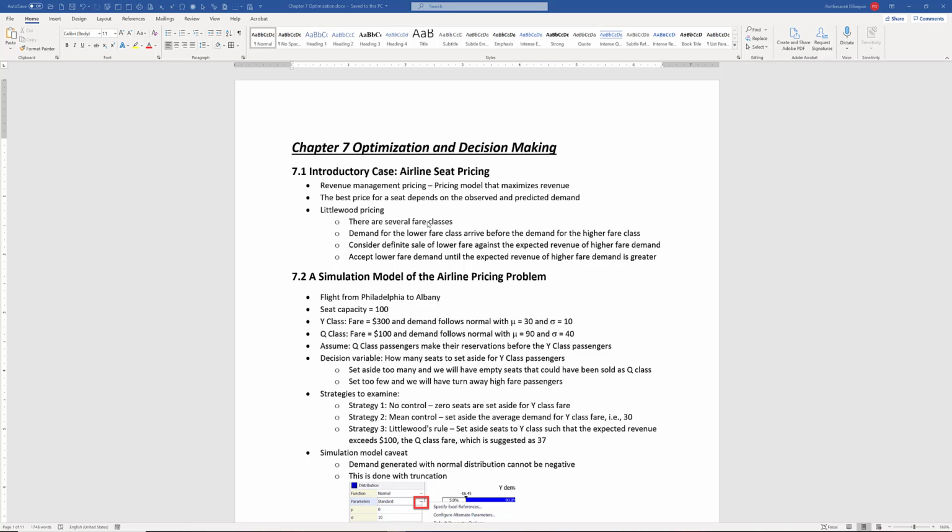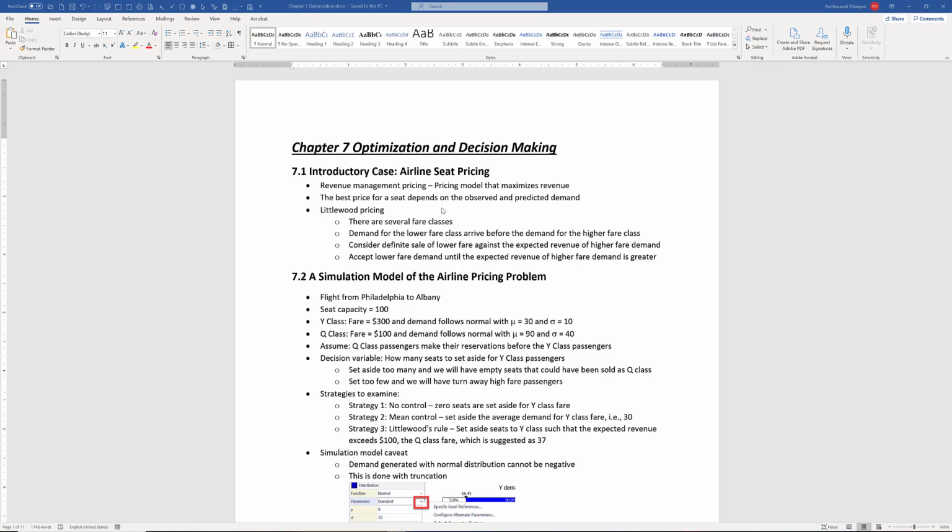So the idea is to set the prices in such a way that we maximize revenue. Revenue management pricing is to look at different classes of price tiers, if you will, and then what is the best price at each tier. So the best price for a seat.